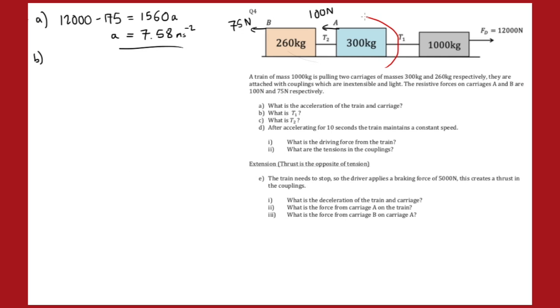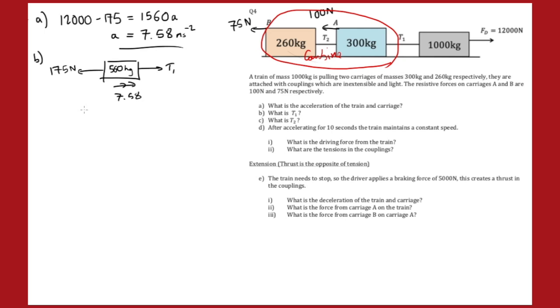We're going to put a circle around these two and combine them together. If I draw a really quick sketch, I've combined them together so they have a mass of 560 kilograms. T1 goes this way. The resistive forces are in total 175 newtons, and the acceleration is 7.58.